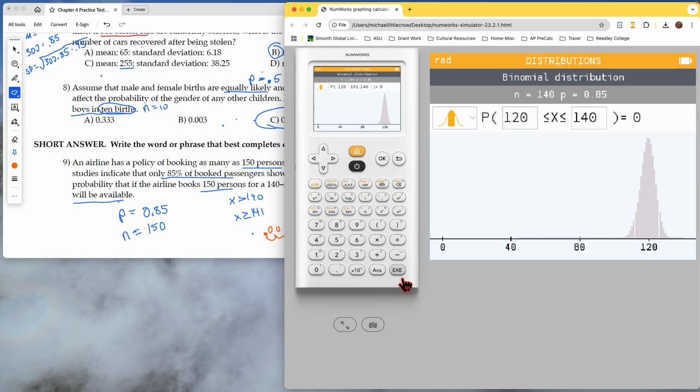Watch it. Last time it was 96%. It's only 46% chance, so there's a lot more chances you're going to have less than 120 there. See, actually half of this. So that's why they book the 150. Usually they're just fine, but if they only book 140 and people are only showing up 85% of the time, they're flying with a pretty light plane almost 50% of the time. That's why they got to do it.